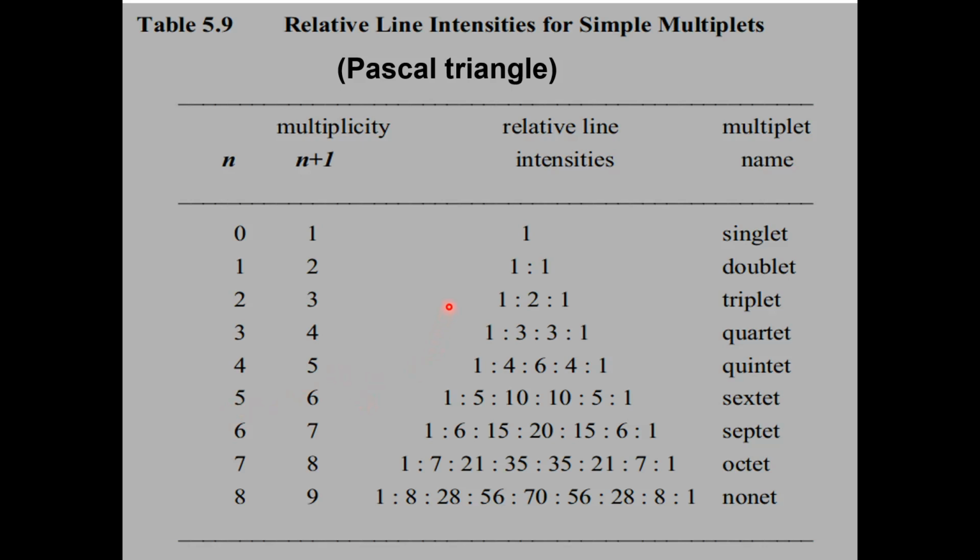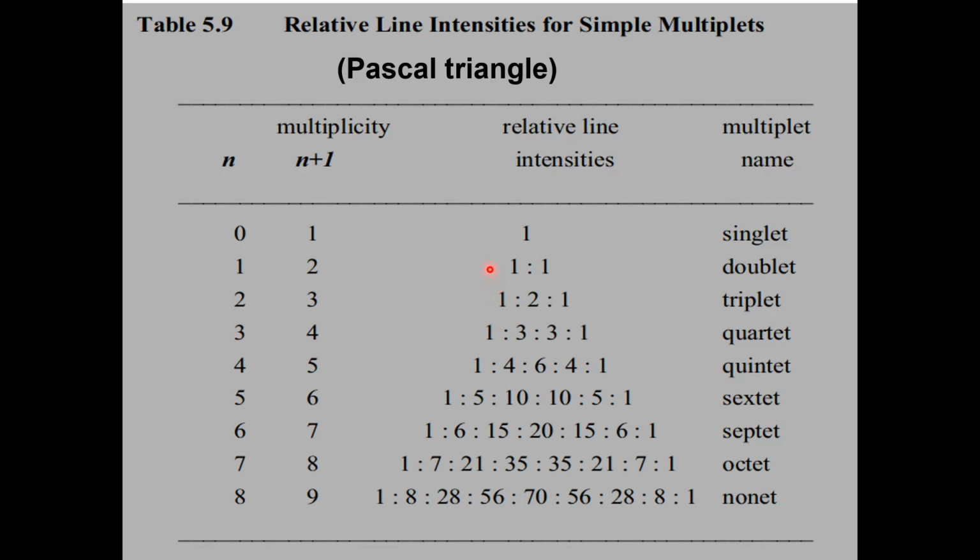It describes the multiplicity of proton signals based on the number of protons on the adjacent carbon. For example, singlet signals are present on carbons which are not adjacent to proton-bearing carbons.